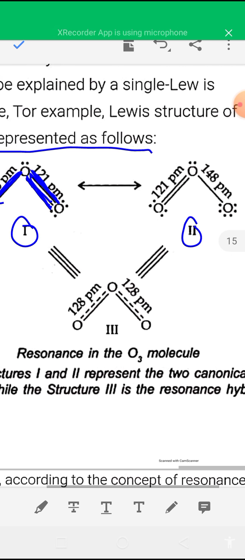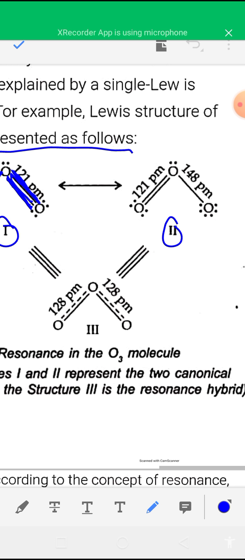In structure 2, you can see this double covalent bond is converted into a single coordinate bond, and that single bond is converted into a double bond.